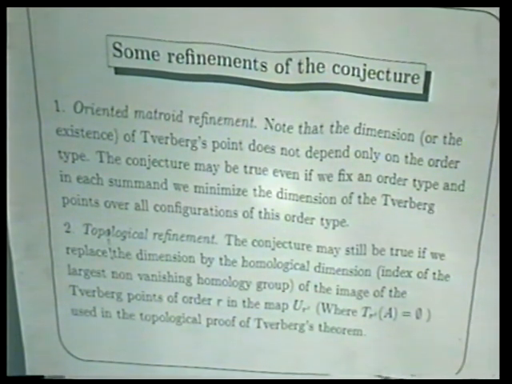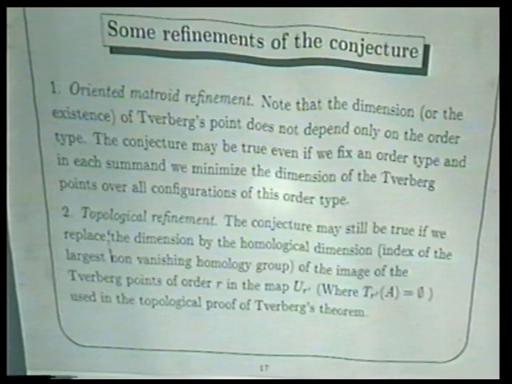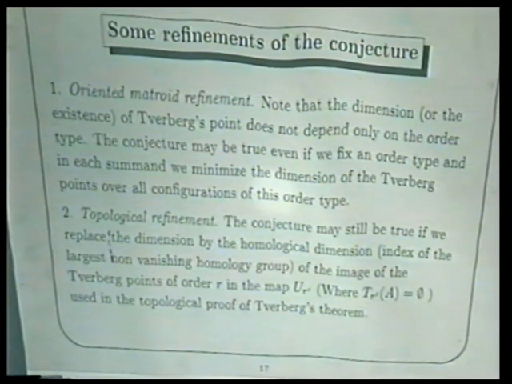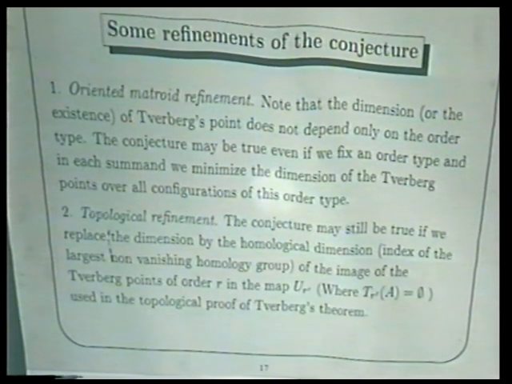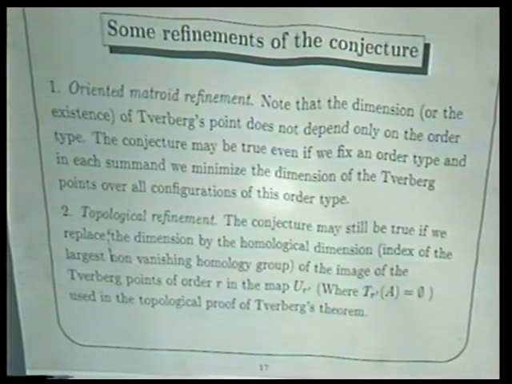So this would be some strengthening. Another strengthening of this conjecture, which seems quite difficult because it includes a topological thing, is instead of talking about dimension, to talk about homological dimension, the list of non-vanishing homology groups, in this function which I mentioned in the topological proof of Tverberg's theorem. Maybe the conjecture is still true in this case.